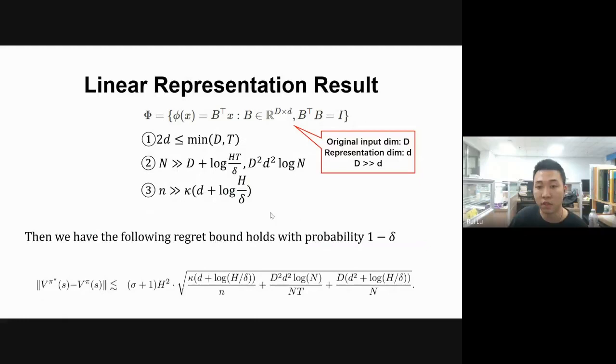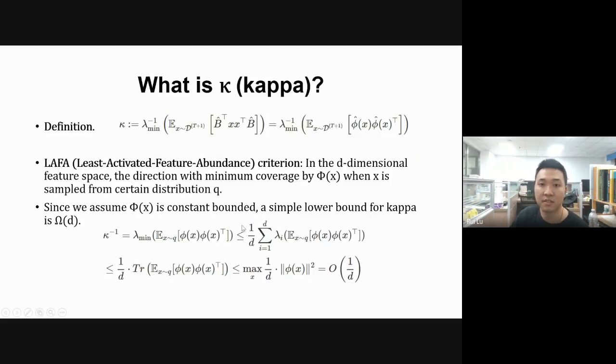Okay, so then we are ready to explain what this kappa is. As I told you before, the choice of the distribution affects the sample complexity, and it is here in this D_{t+1}. So this kappa is closely related to this distribution. So what does this kappa mean? In our work, we call it the least activated feature abundance, or LAFA criterion. You can get an intuition from inside out.